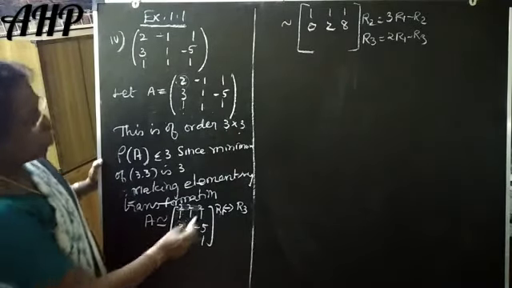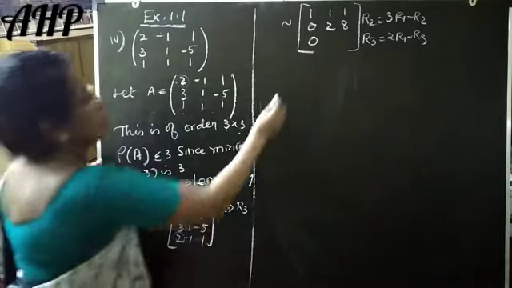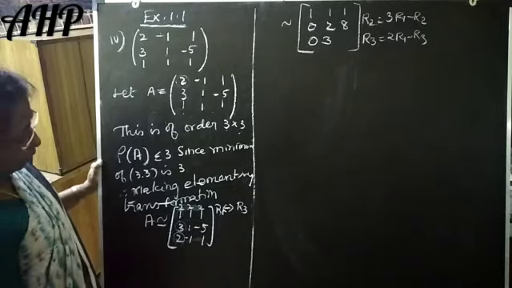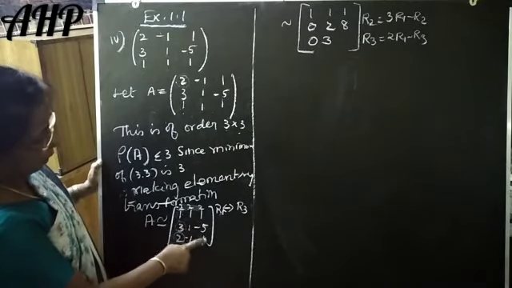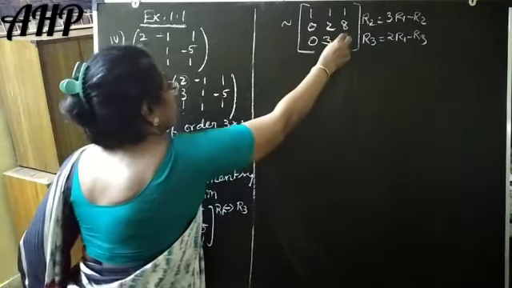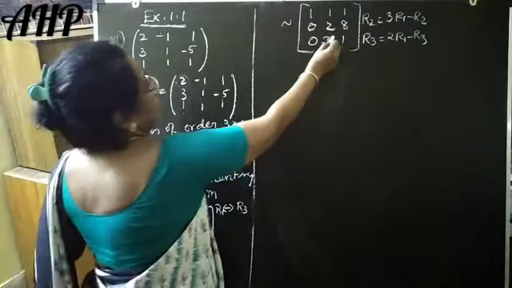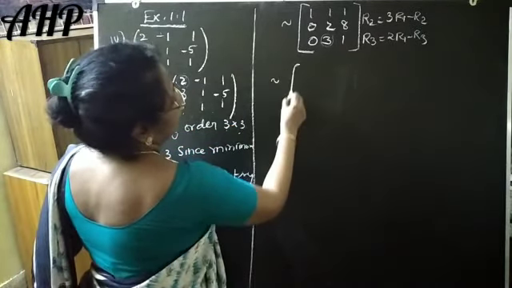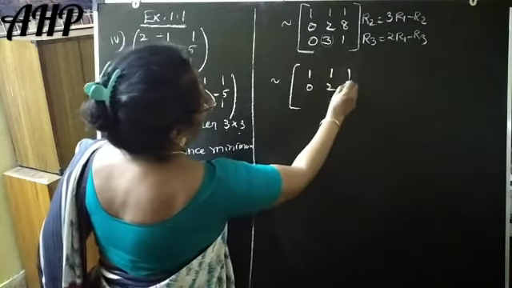So 2 minus 2 gives you 0. 2 minus of minus 1 gives you 3. Then 2 minus 1 gives you 1. So this is equivalent to 1, 1, 1, 0, 2, 8.